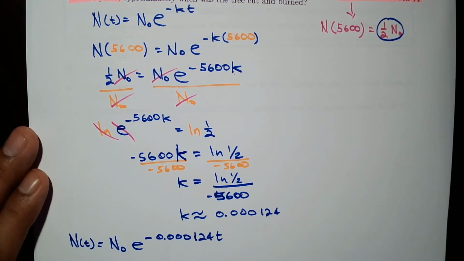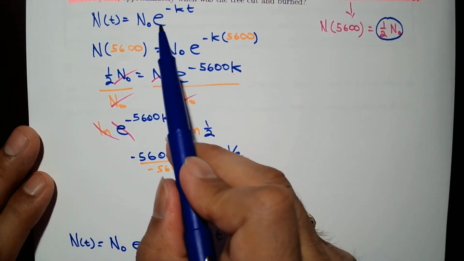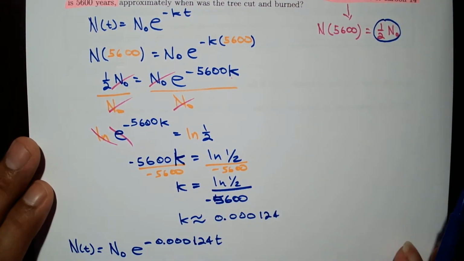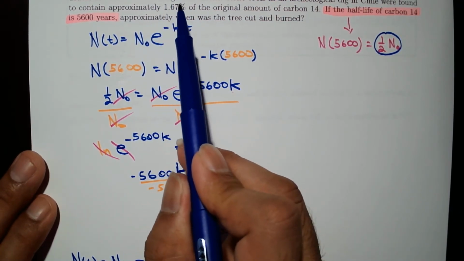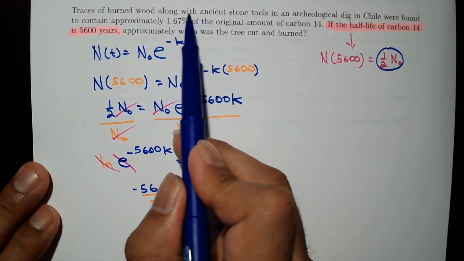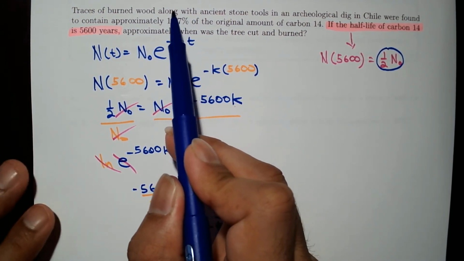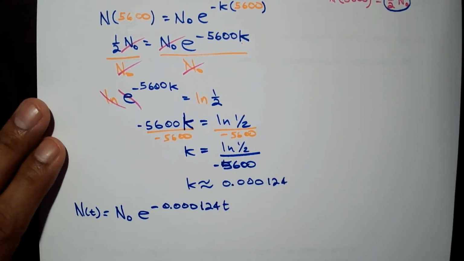So now they're asking us when was the tree cut and burned, knowing that after a long time, 1.67% of the original amount was found.